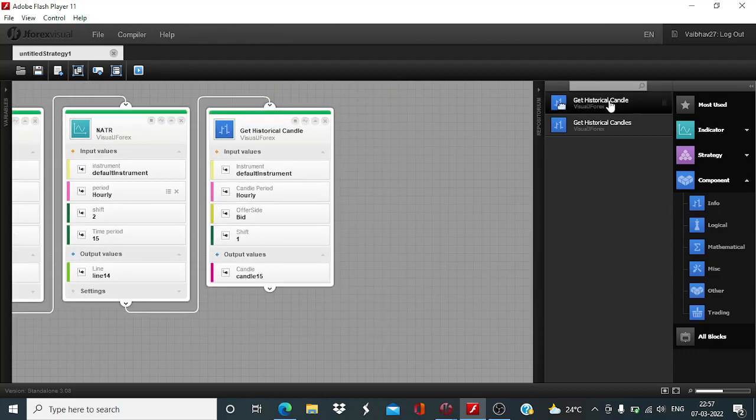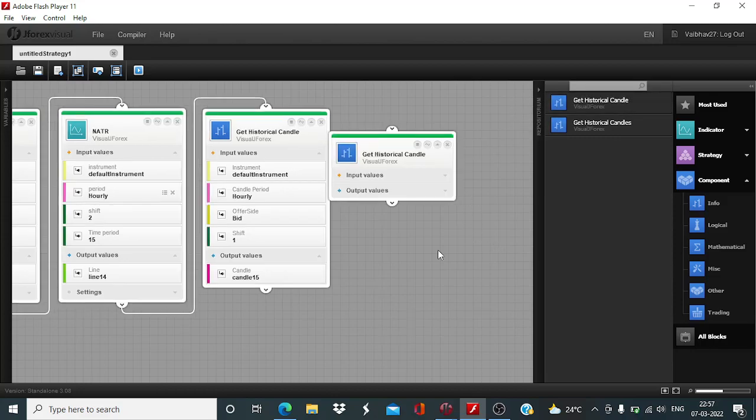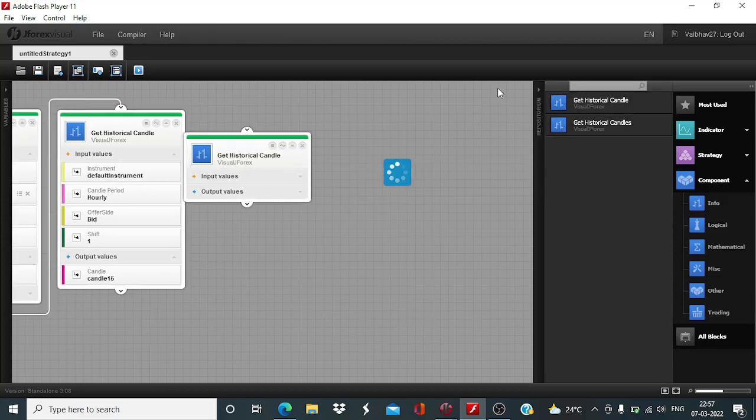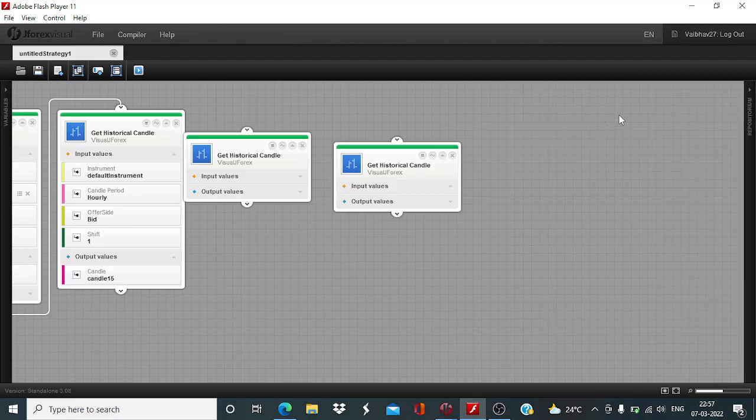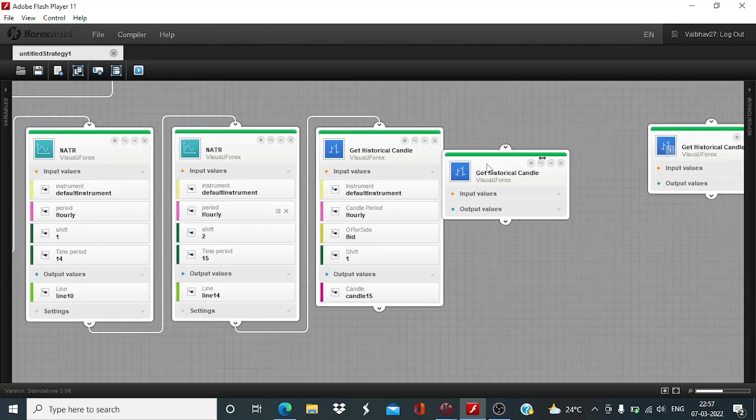Now to initiate the trade we will also need two 10-second blocks. So I will add these two blocks straight away.